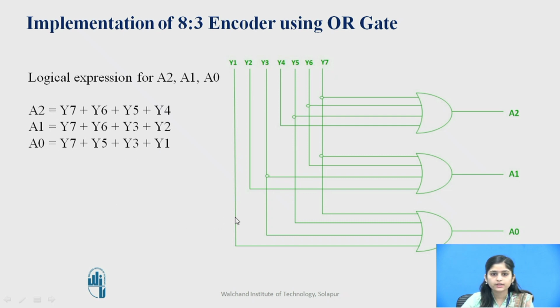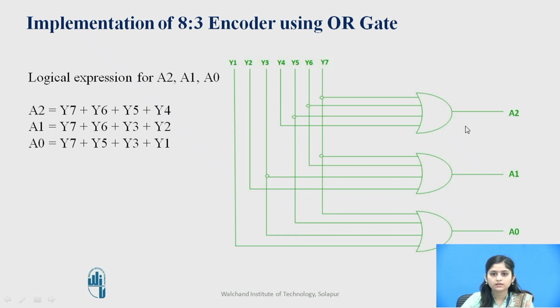Now by using this we can implement this 8:3 encoder using OR gate. Here we require 3 OR gates having the outputs A0, A1 and A2, and here we are having 8 different inputs from Y0 to Y7.